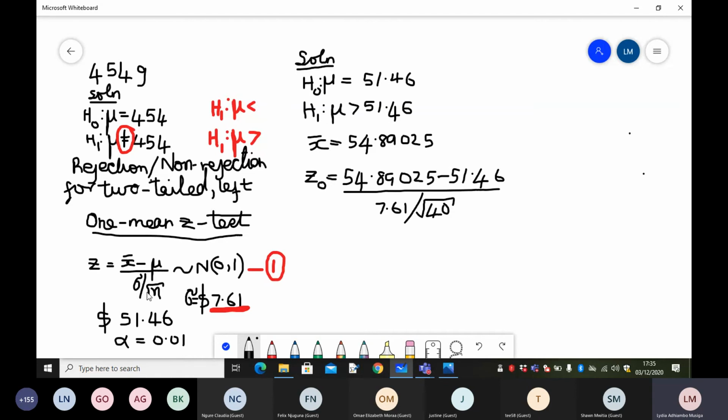And we get an answer. Our answer is equal to 2.8508.